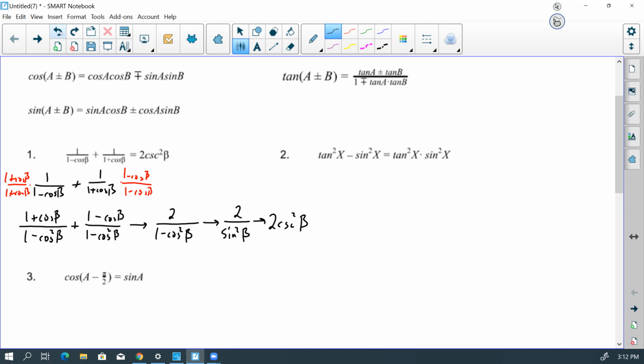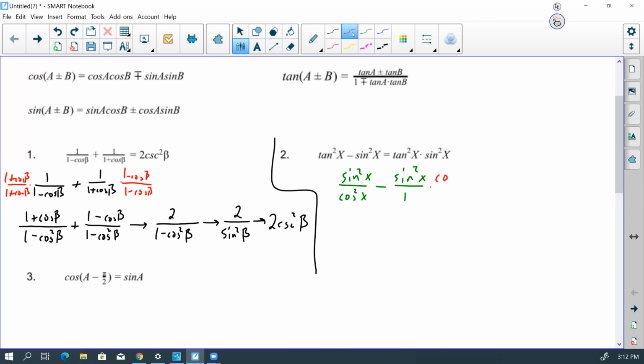For number two, I'll first convert tangent squared to sine squared over cosine squared. And you're minusing sine squared, which is the same thing as sine squared over 1. I'm going to get both of those fractions to have the same denominator, so it's cosine squared over cosine squared.